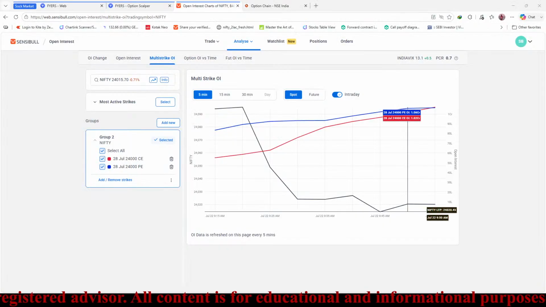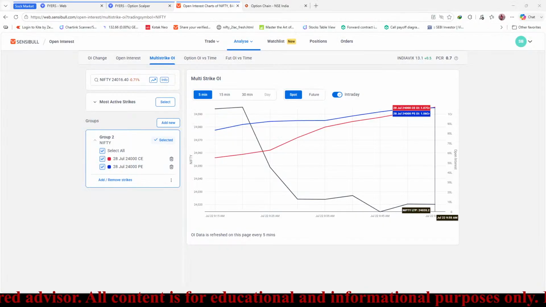So we can see the crossover here already. It has happened. At 24,000, call and put options: 1 crore 07 for call options and 1 crore 06 lakh for put options.